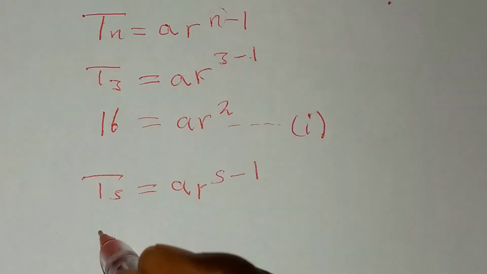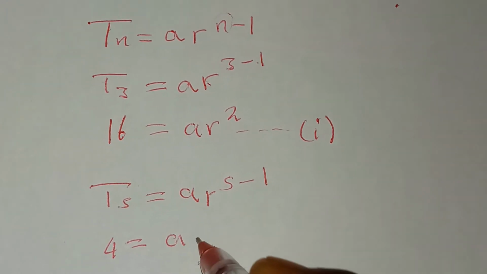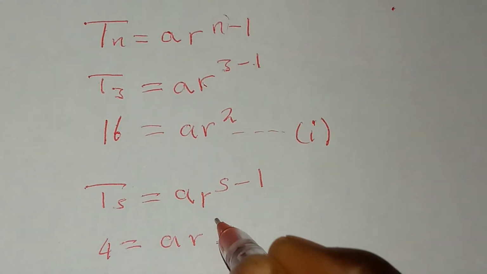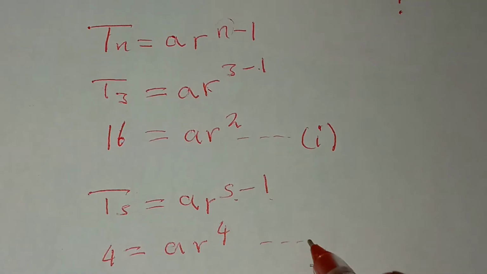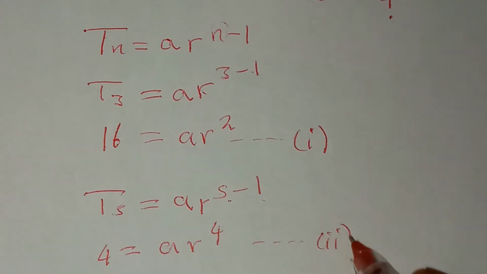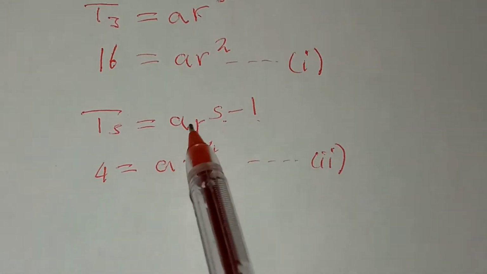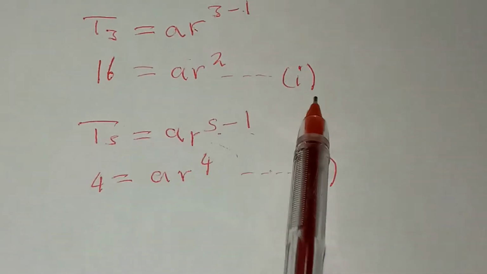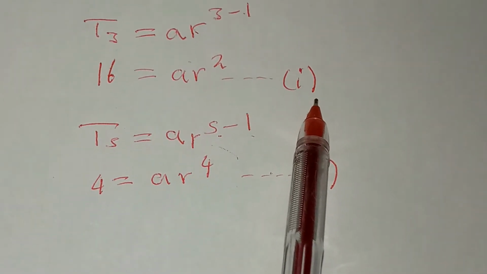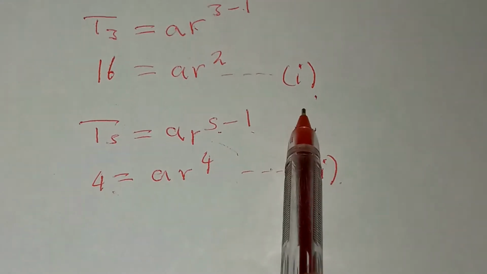So we'll write 4 is equal to the first term multiplied by r to the power 4, when we say 5 minus 1. And this is the second equation. So now when you reach this point, you divide the second equation by the first equation.